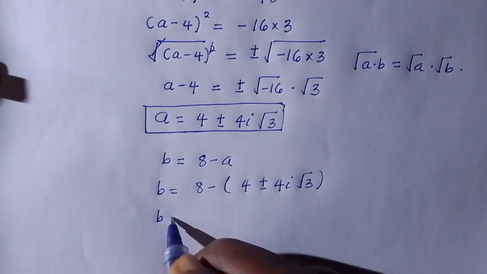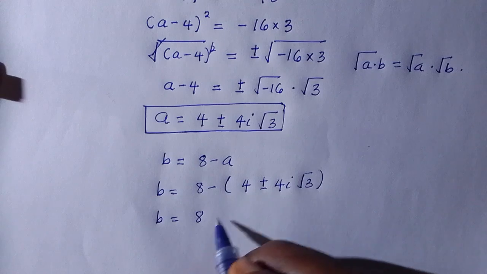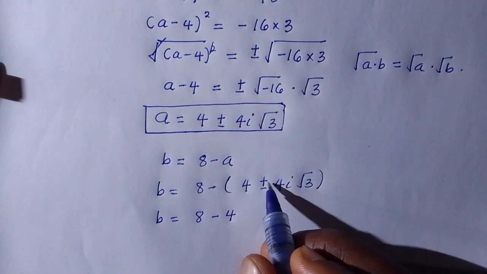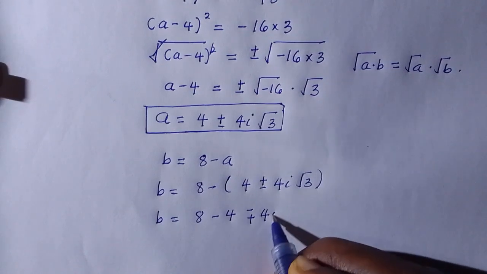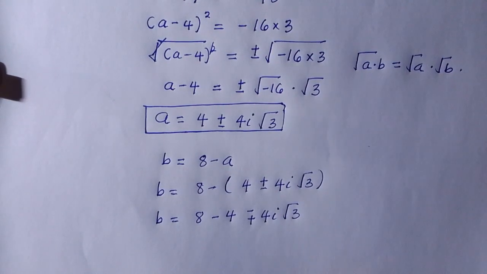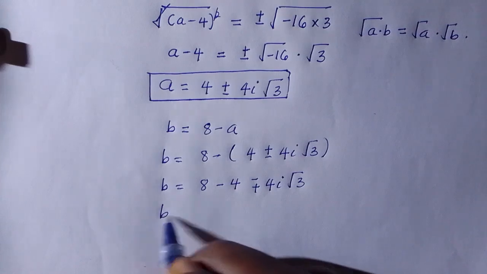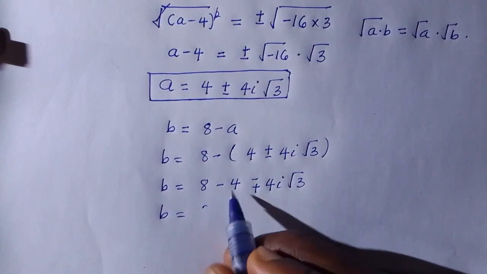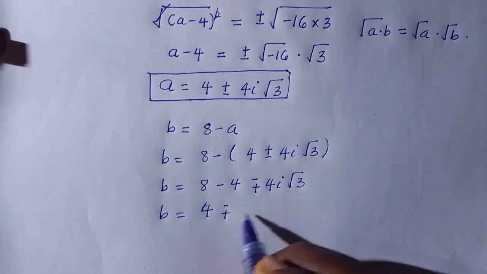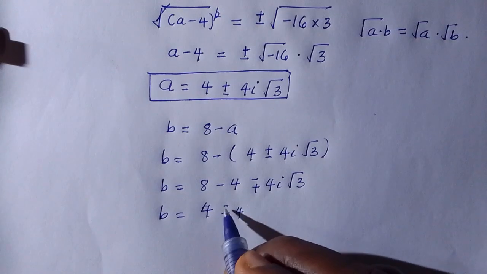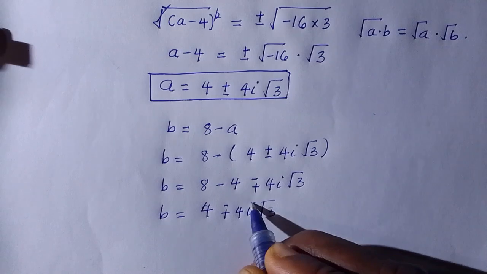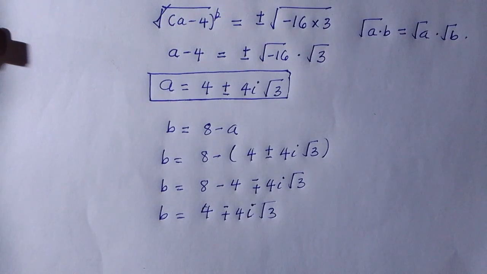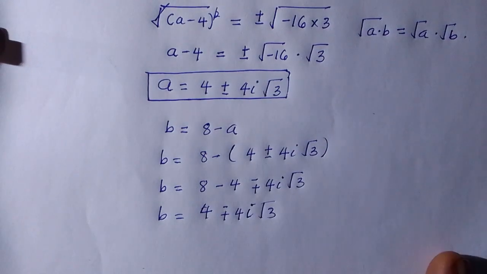When we expand this, we have minus 4. Minus times plus gives minus, and minus times minus gives plus, 4i root 3. So b equals, when we subtract these two, 4 minus plus 4i root 3. And here is the result for the value of b. As we have a equals to this, we have b equals to this.